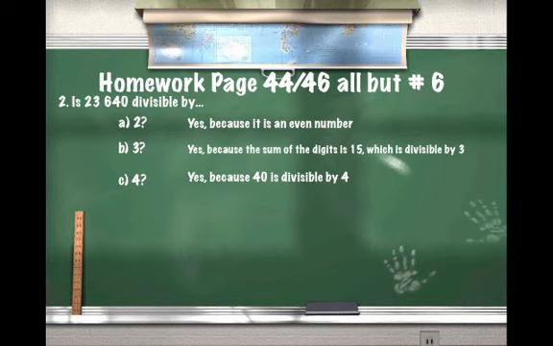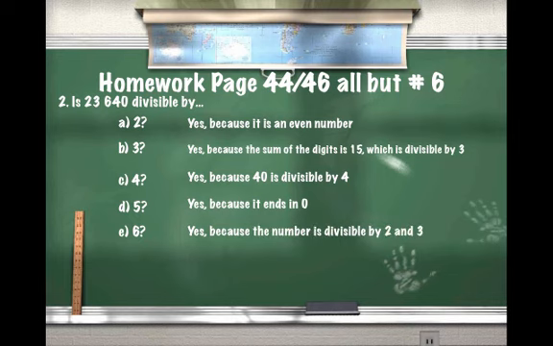Again, the last 2 digits are the ones to look for with the 4's. 5, yes, because it ends in 0. 6, yes, because the number is divisible by 2 and by 3. 8, yes, because 640 is divisible by 8.